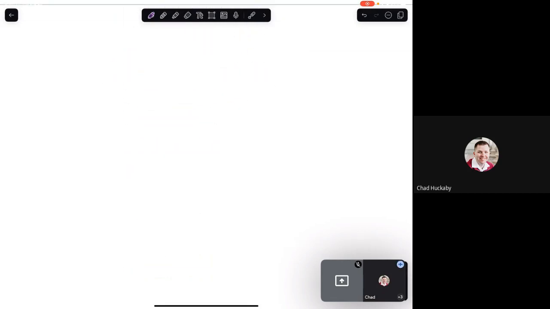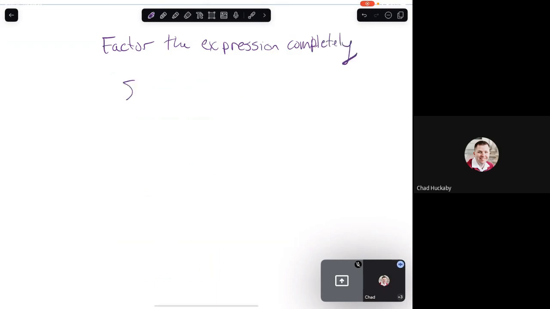I do want to do one last factoring, and I want to factor the expression completely. And we have 8x cubed minus 18x.